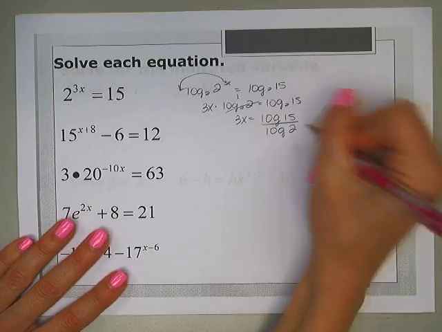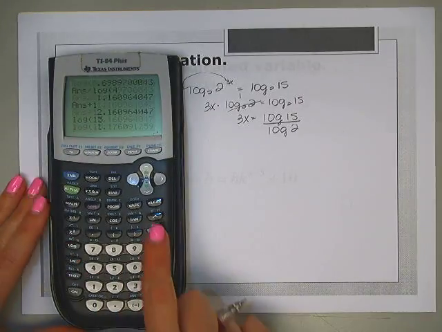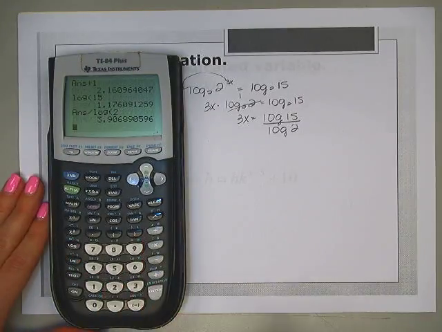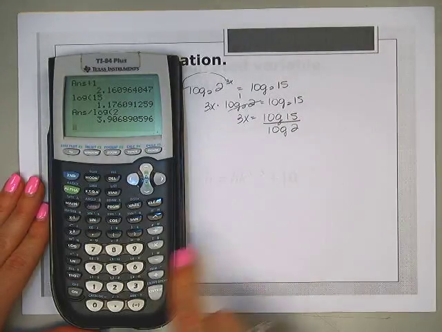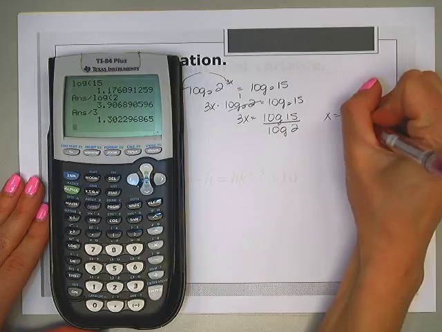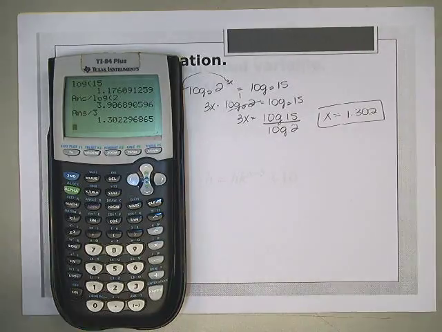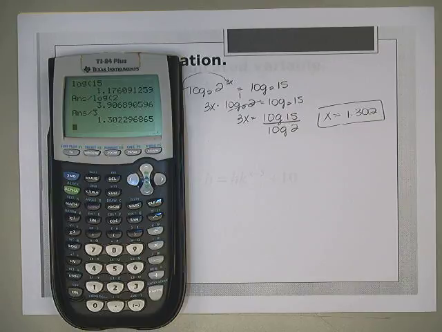Let's use base 10. 3x equals log base 10 of 15 divided by log base 10 of 2. Let's type that in. Log of 15 divided by log of 2, 3.906, divided by 3. Therefore, x equals 1.302.